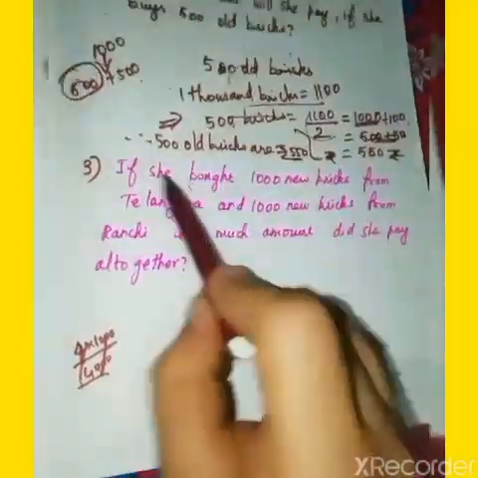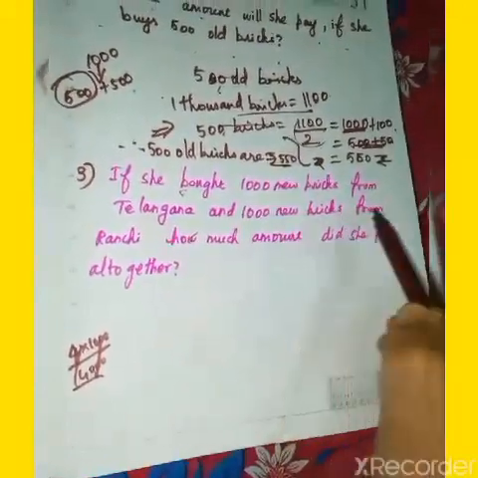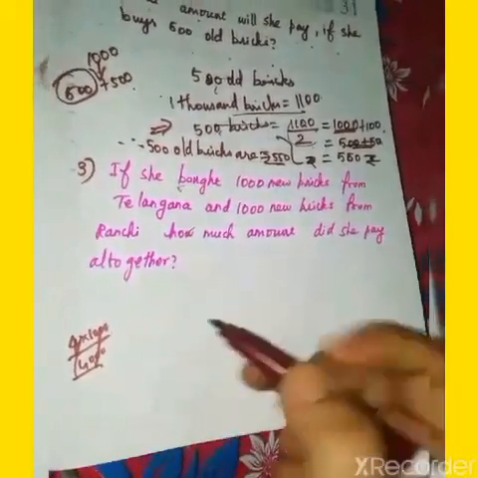And this is your third one. They are asking, if she bought 1000 new bricks from Telangana and 1000 new bricks from Ranchi, how much amount did she pay altogether?